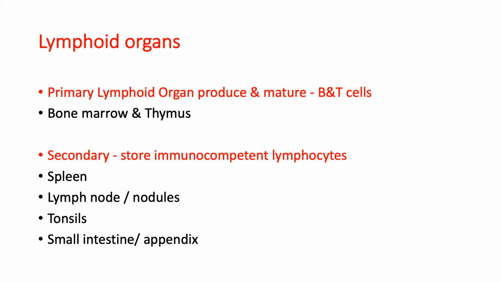The function of secondary lymphoid organs is to store the immunocompetent lymphocytes. They do not have the ability to produce or educate lymphocytes. Their function is just to store them. They are the spleen, lymph nodes, nodules, tonsils, small intestine, and appendix.